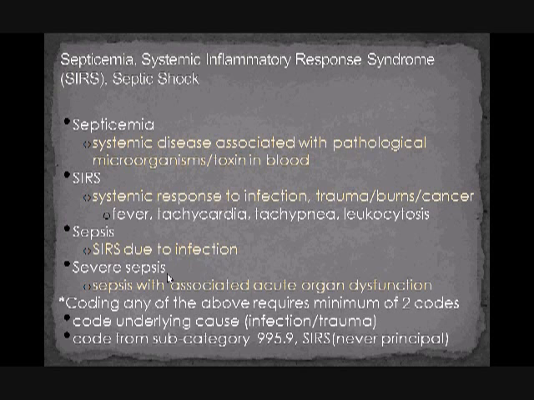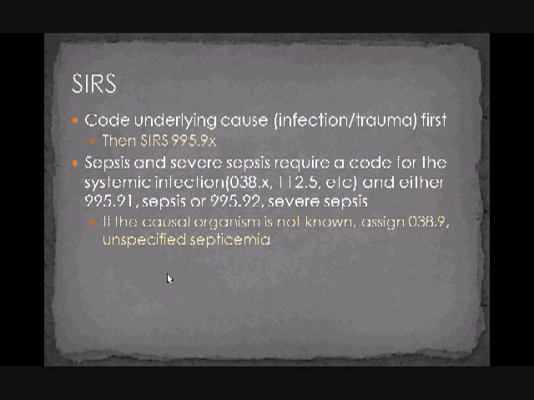That means you have to have the infection code first. So when it comes to systemic inflammatory response syndrome, you have to code the underlying cause. The underlying cause can be an infection or it can be trauma, but just keep in mind it can never come first. So first you code the underlying disease. Once you code the underlying cause, then you can code the systemic inflammatory response.